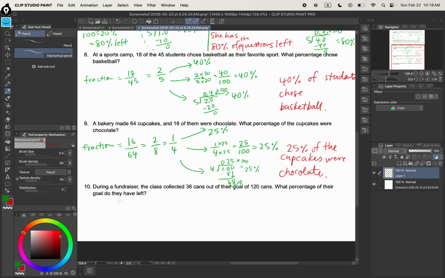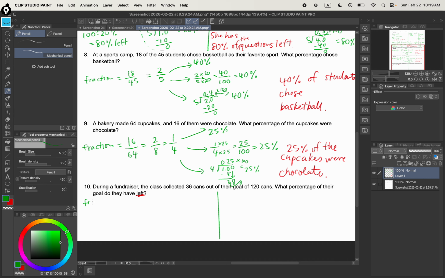Okay. During a fundraiser, the class collected 36 cans out of their goal of 120 cans. What percentage of their goal do they have left? So, we don't know what goal they have left yet. We do know what goal they've accomplished. So, again, I have two options.